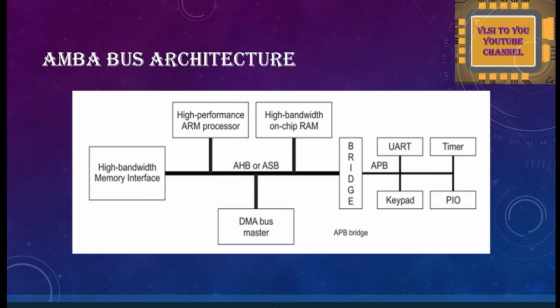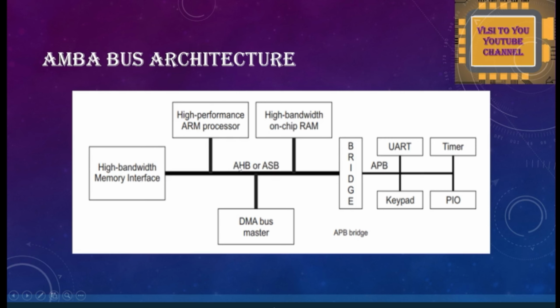That is why they are low speed devices. In order to connect these low speed devices, we don't need a high bandwidth bus. So that is why APB was introduced, in order to connect these low speed devices, right? So we are connecting all these devices through APB, and all these high bandwidth devices to AHB.